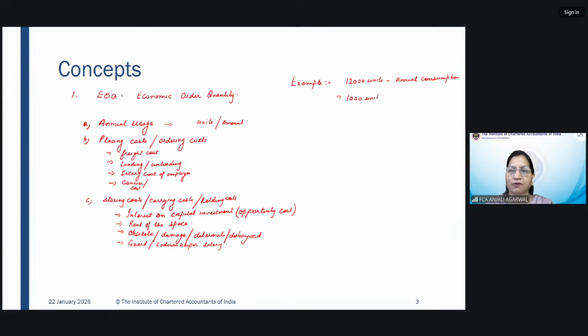If you place an order for 1,000 units per month, how many times are you going to place the order? Let's denote the number of times the order is placed with O.